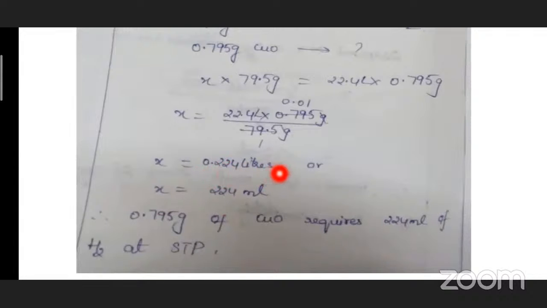We are converting liters into ml. We know that 1 liter is equal to 1000 ml, so 0.224 × 1000 gives 224 ml. So the final conclusion is that 0.795 grams of copper oxide requires 224 ml of hydrogen at STP.